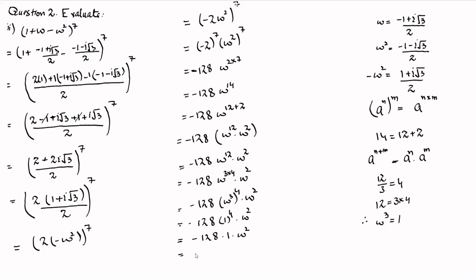So 128 multiplied with 1 is 128 omega square. So we have found that 1 plus omega minus omega square raised to the power 7 is equal to minus 128 omega square.